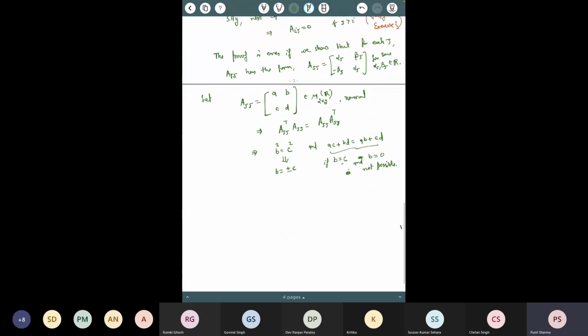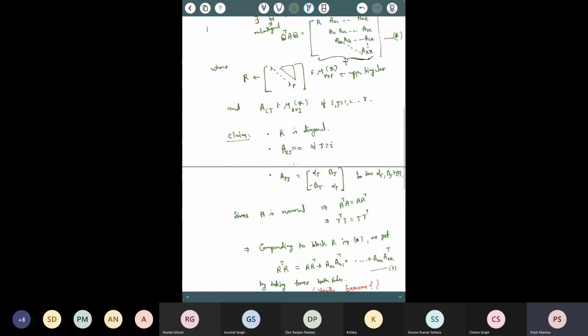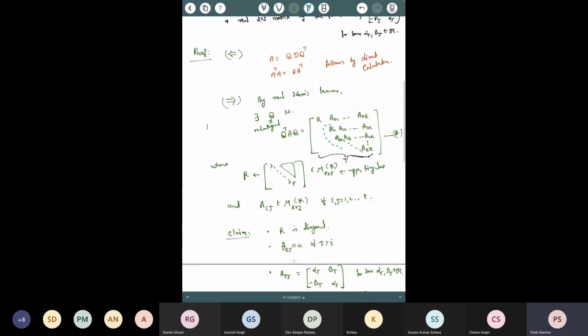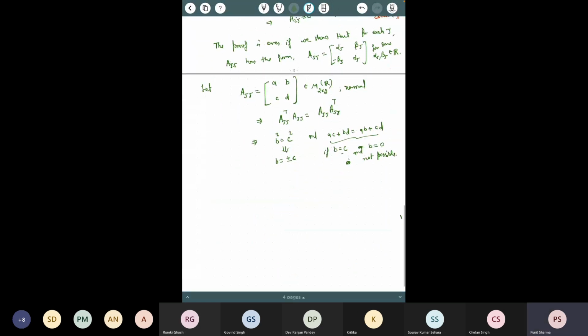Similarly, when B equal to C, this is a real symmetric matrix, that is a Hermitian matrix, and it has only real eigenvalues. If it has real eigenvalues, then they should go in R. These AJJ correspond to the complex eigenvalues of A, so this cannot happen again. So these two possibilities cannot happen. The only thing remaining is B equal to minus C.